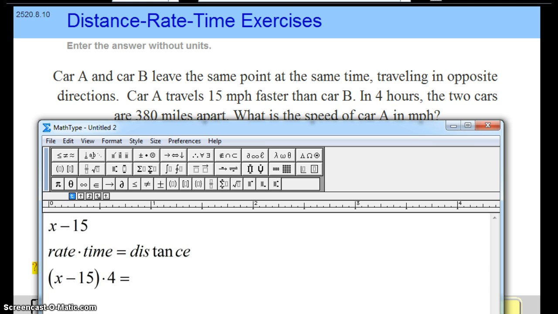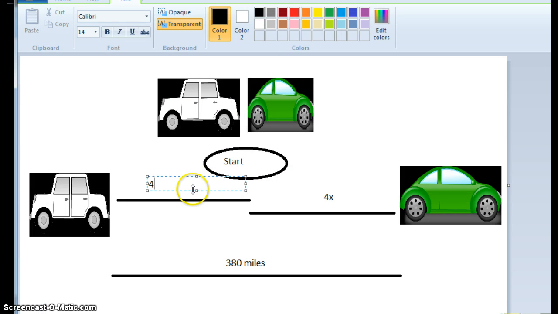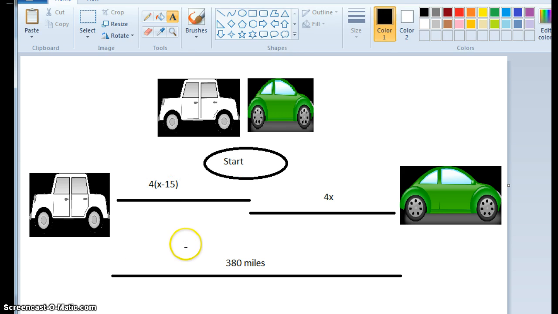That equals 4 times x minus 15. You can write it with the parentheses or without. Let's add that into our picture: 4 times x minus 15.